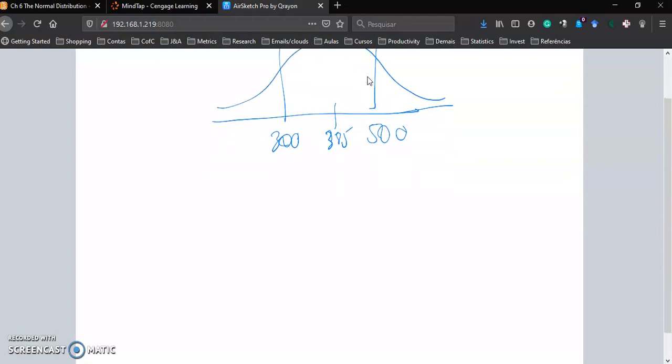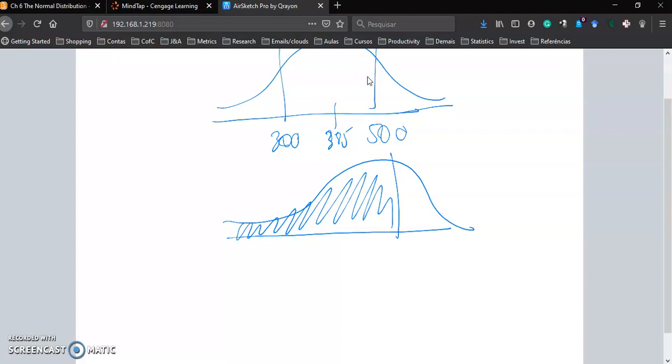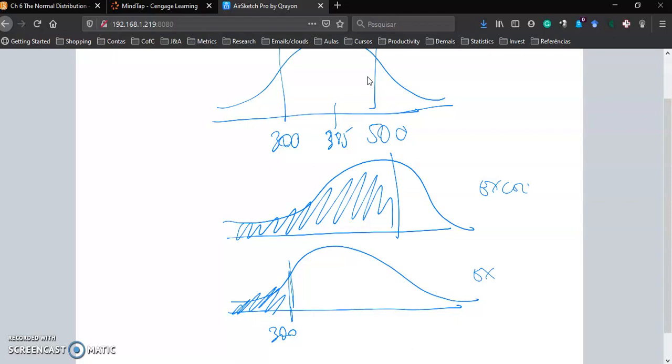First I'm going to use Excel to compute the probability from the lower tail up to 500, and then I'm going to compute another one with the probability up to 300. I'll use one Excel formula for each of those, and then subtract one from the other, and then I'm going to have the final answer, which is the middle.